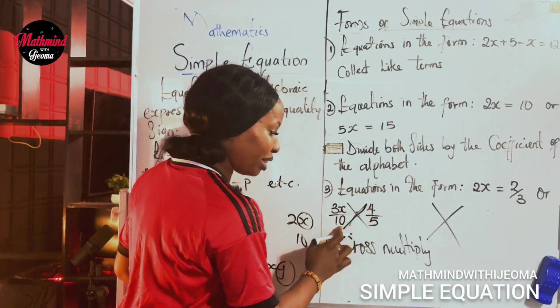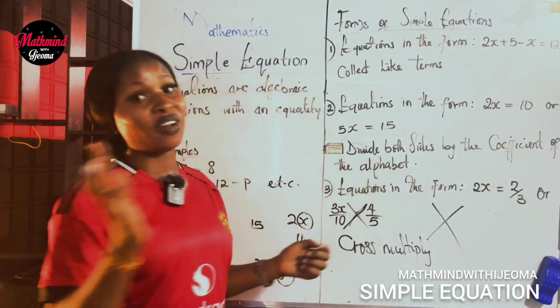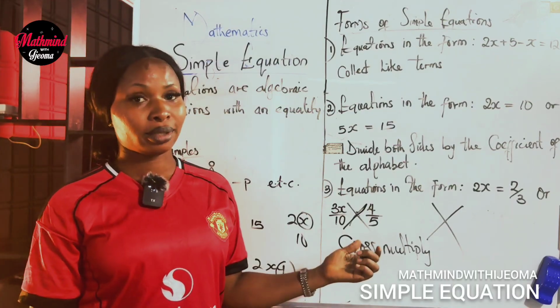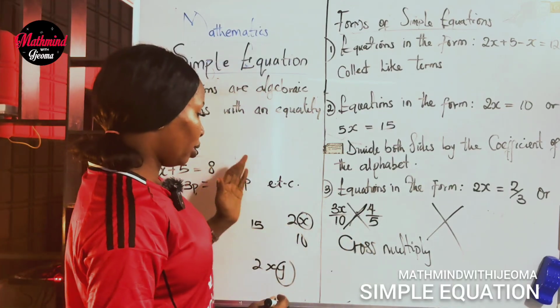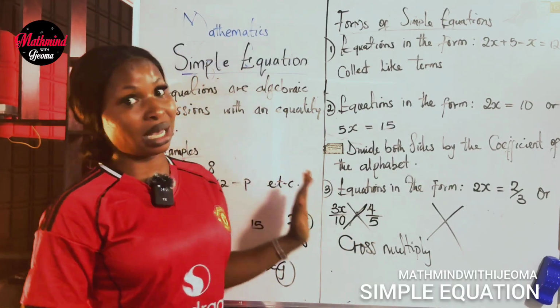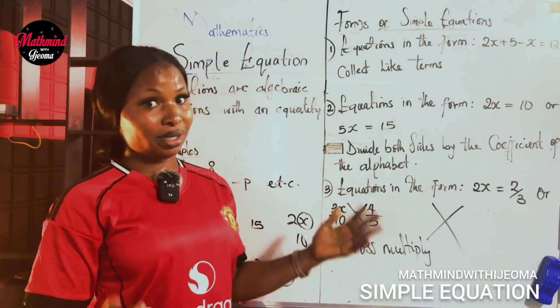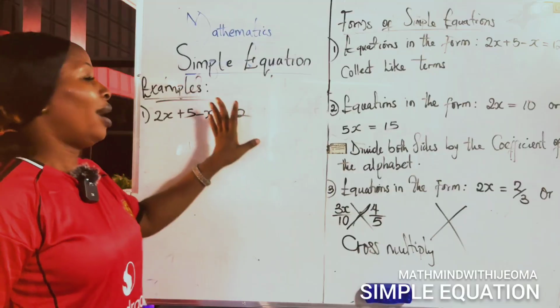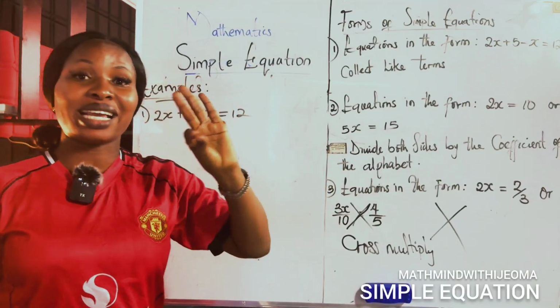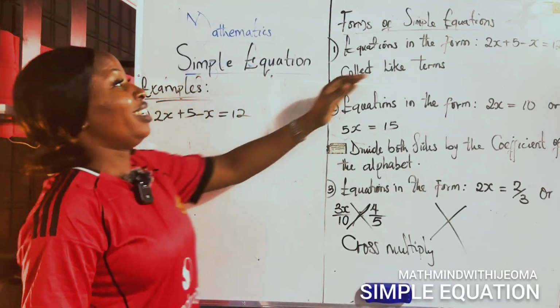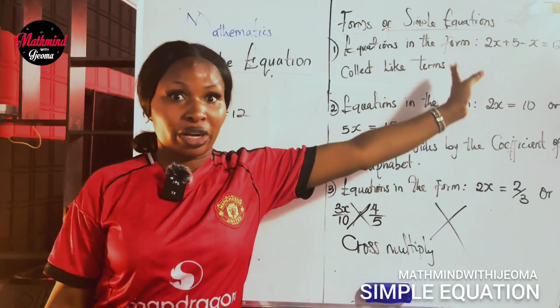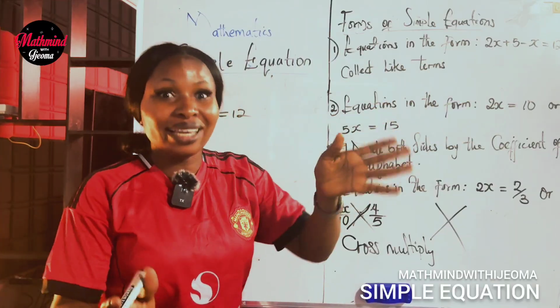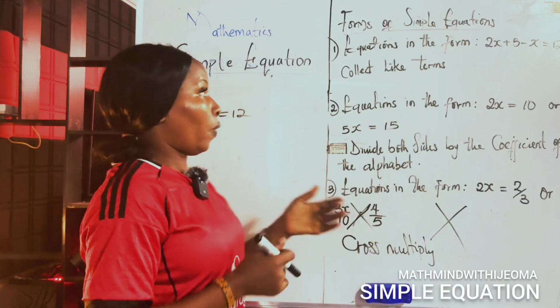So 4 is going with 10 and 3x is going with 5. That's cross multiply. So we'll be solving some examples on this. Now, I will want to solve these examples using the examples we have already on the board so that we'll see how it works. Okay?